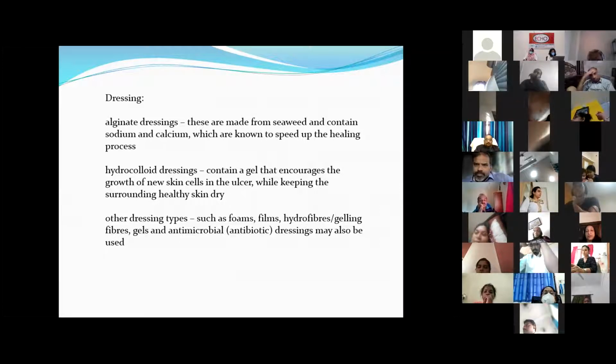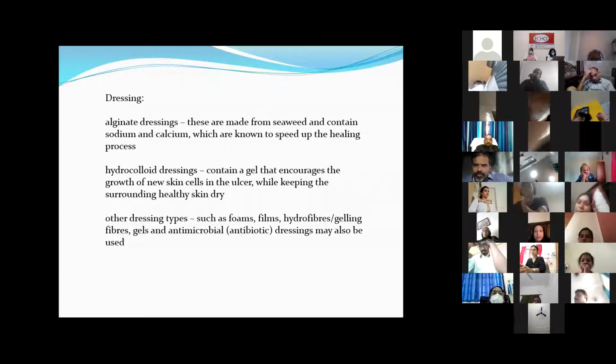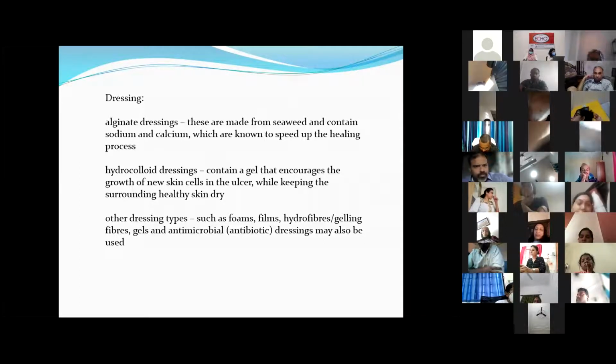So metrogel is very useful for the infected wound, but some patients will have a highly exudative wound. In such patients, hydrocolloid dressing is a very useful dressing material.